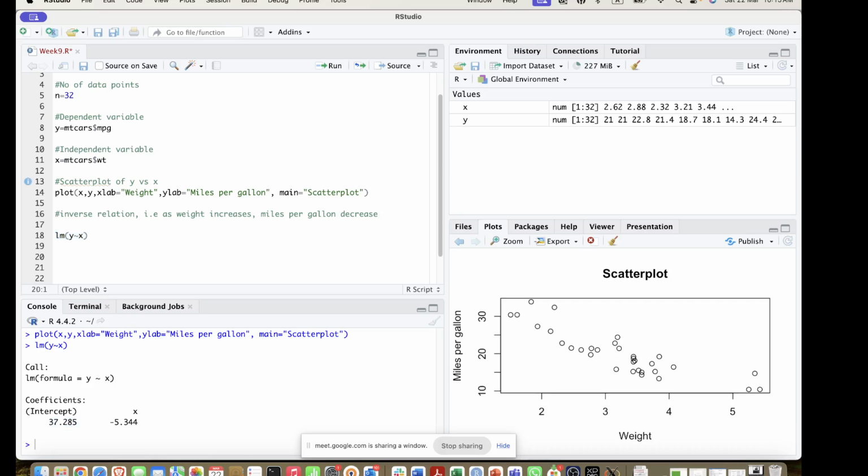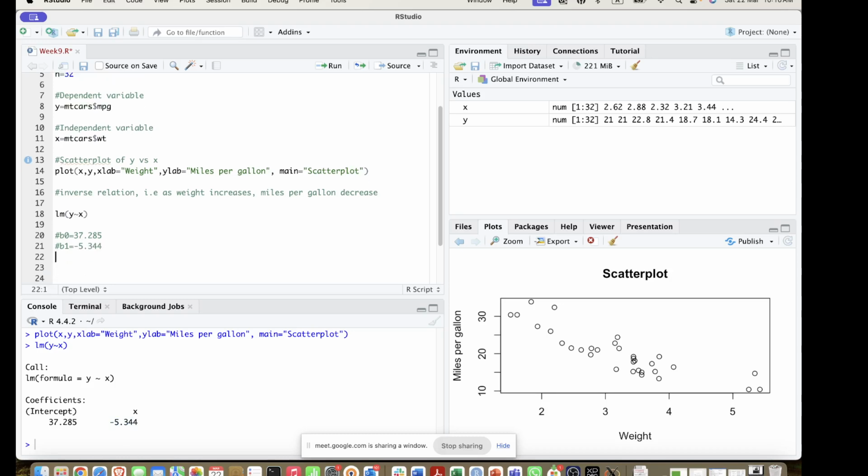So from here I have b naught, instead of calling it beta naught, I am calling it b naught. B naught is equal to 37 point something. And b1, that is the slope, is minus 5.334. So here we see that the slope b1 is less than 0, so we have this negative relationship.